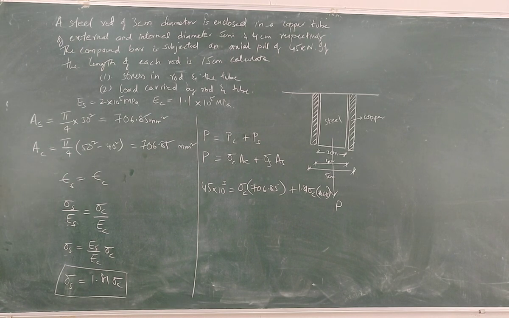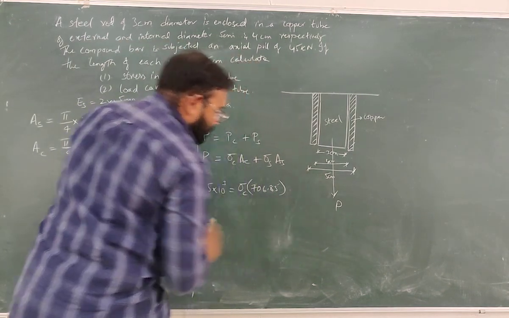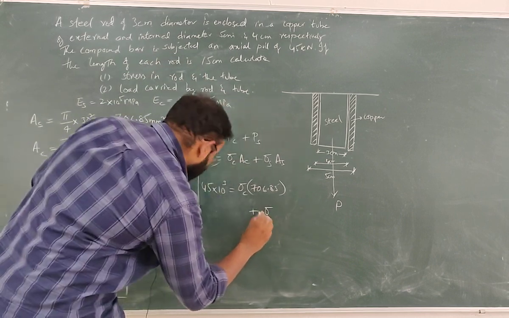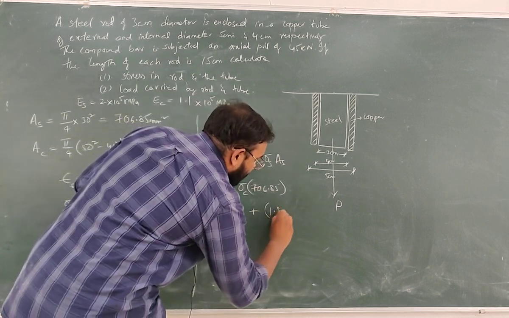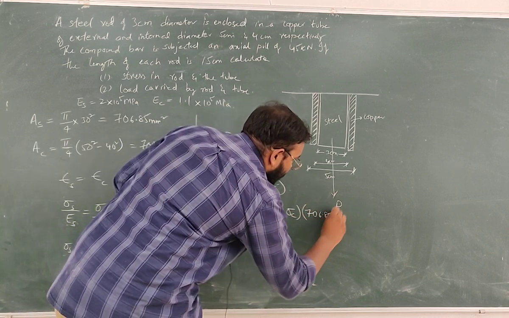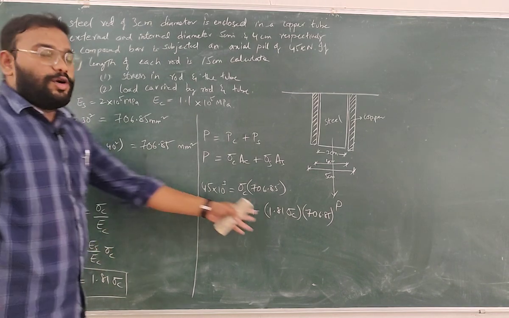I'll write in the second line. Plus sigma s is 1.81 sigma c multiplied by 706.85. You can calculate sigma c here.